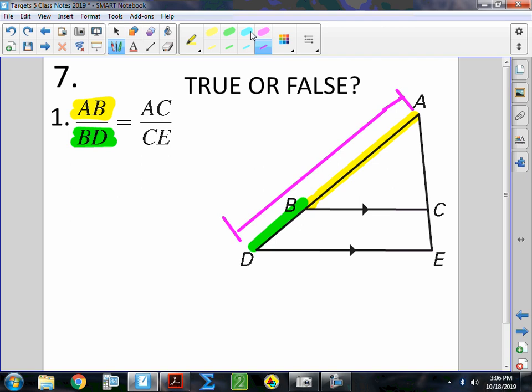Then they set that equal to part of the bigger segment, AC, over the other part, the small part, CE. So they just used the triangle proportionality theorem. They said part over part equals part over part. Yellow over green equals yellow over green. So this is true.